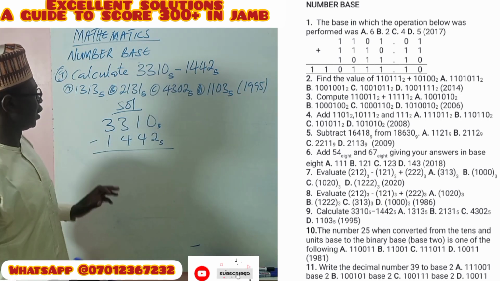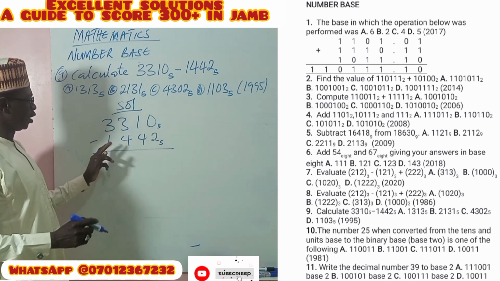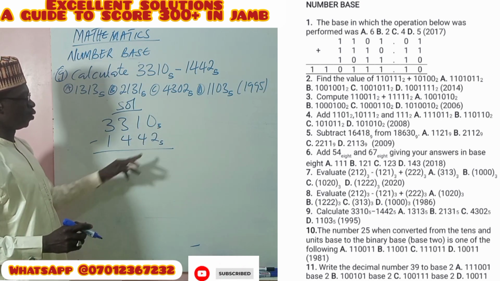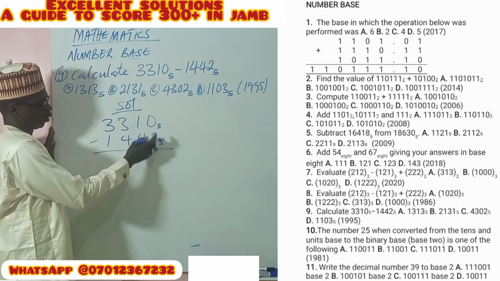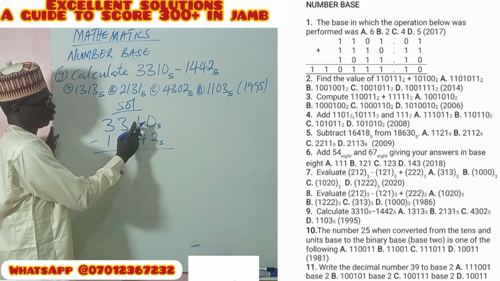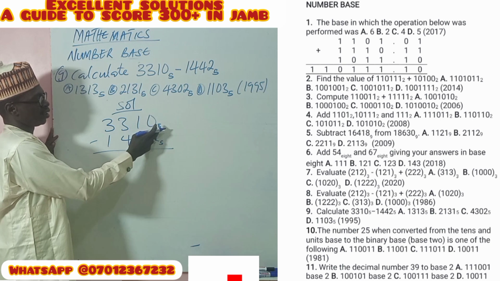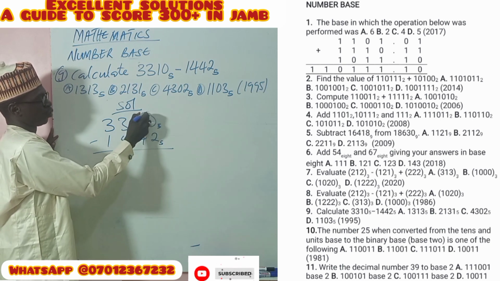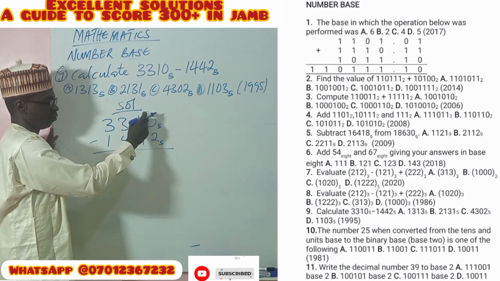So if we look here, we have 3310 base 5 minus 1442 base 5. One thing that we start here, 0 minus 2 cannot, we now borrow. If we borrow from here, we are not going to say we are borrowing 1. Since it is base 5, we are borrowing 5 here. If we take 1 from here, it is the same as having 5.